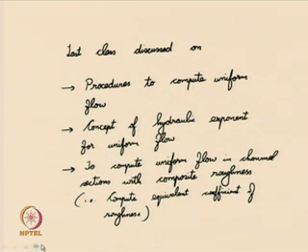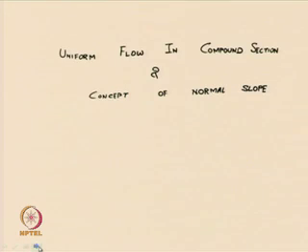So, today we will be going with the following topic. We will be dealing with uniform flow, how to understand uniform flow in a compound section, and to introduce the concept of normal slope.